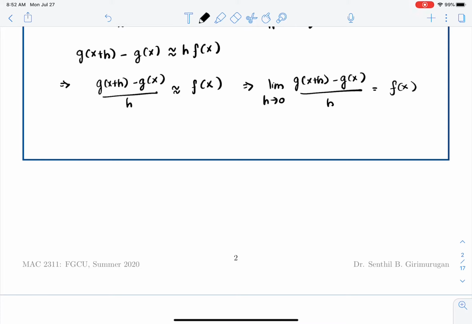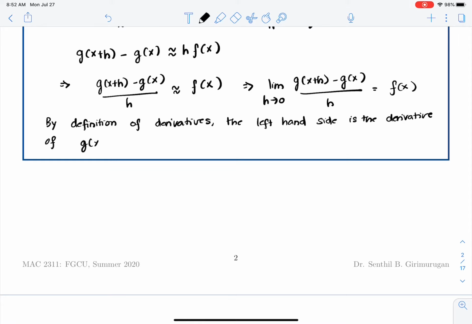But the left-hand side, by definition of derivative, is simply the derivative of g of x. So g prime of x would equal f of x. Hence, g of x is called the antiderivative.